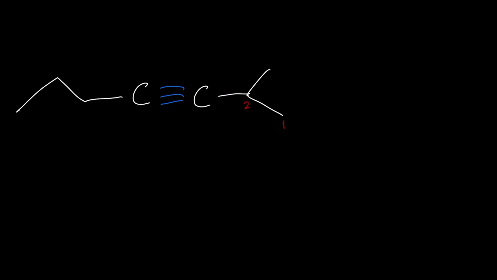If we start at the right side and start counting, the carbons across the triple bond are going to be a 3 and a 4. If we go from left to right, the carbons across the triple bond are going to be a 4 and a 5. We want the lowest numbers possible, so we're going to count with the red numbers.